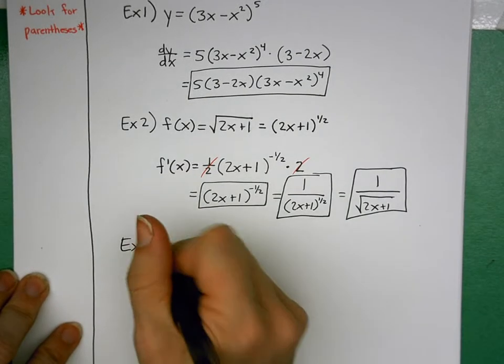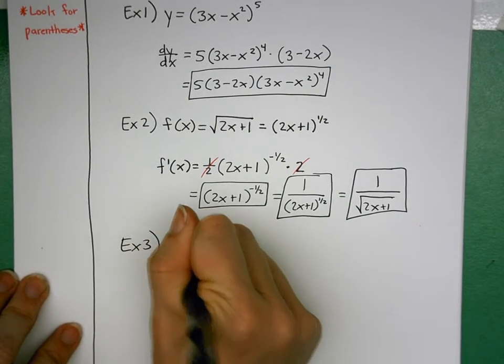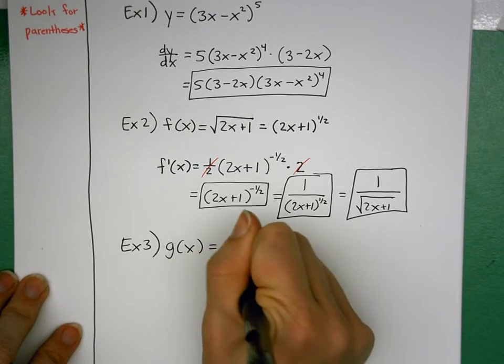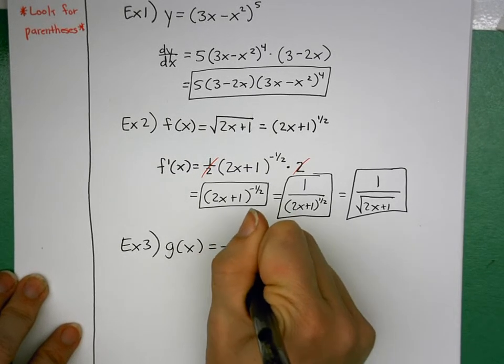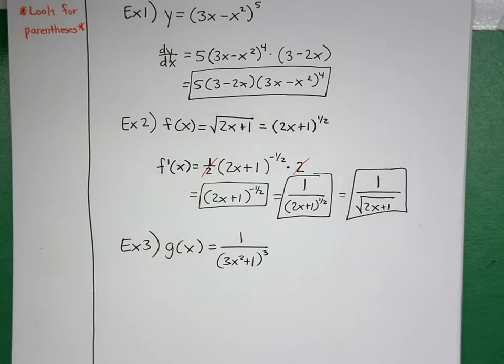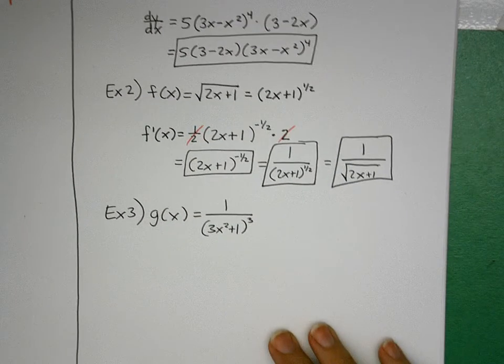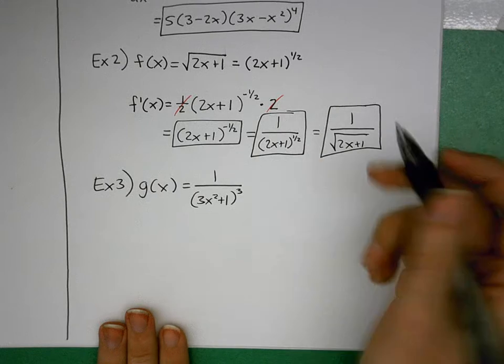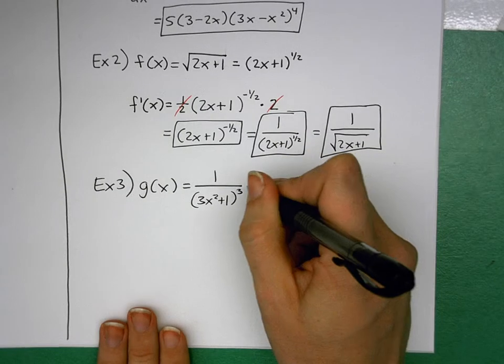Okay, example 3, we have g of x equals 1 over 3x squared plus 1 quantity cubed. So again, if you haven't paused the video, I would start considering, if you're going to give it a shot on your own, but here we go.